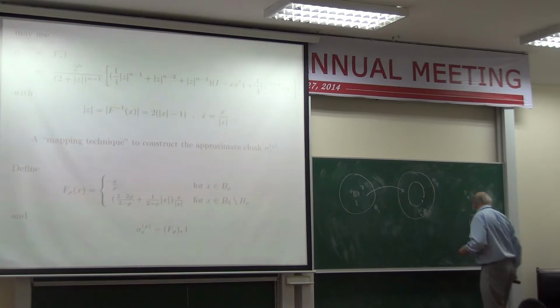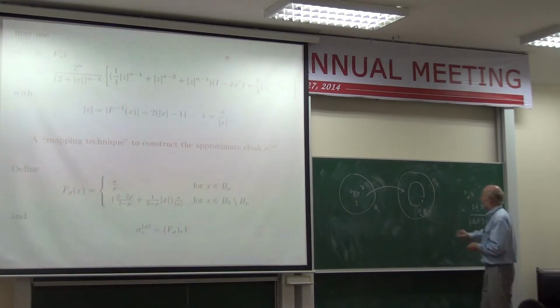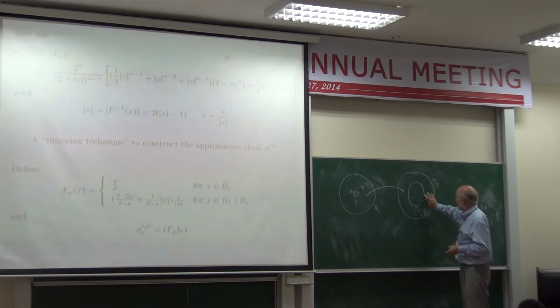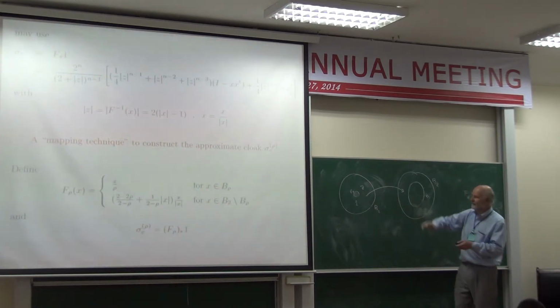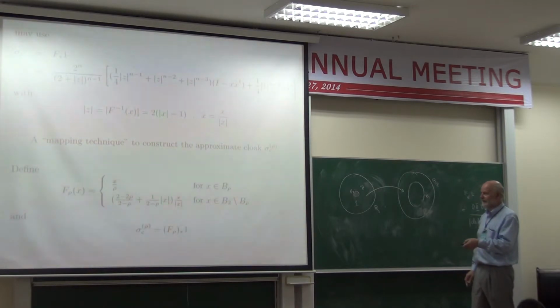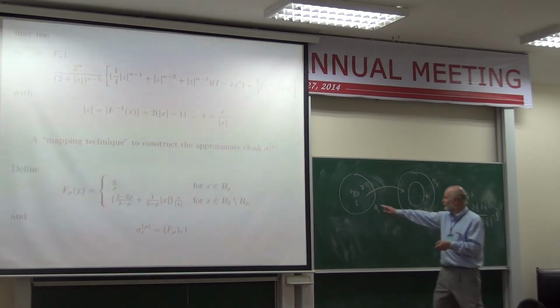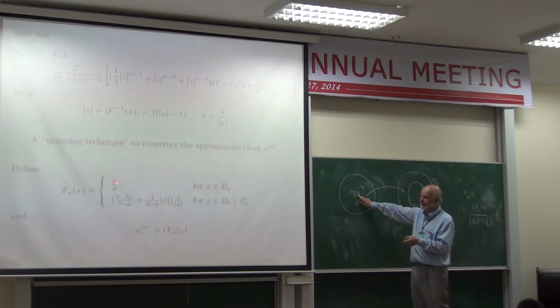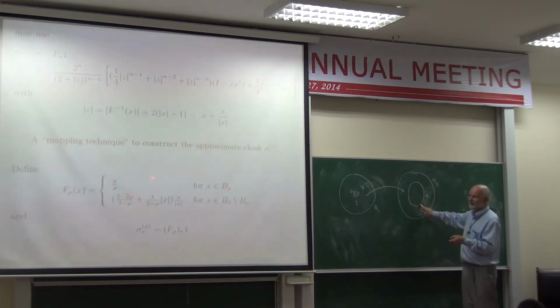So now do the following: the mapping that I showed over there. This is a ball of radius 1. Take this one away. This mapping that I've taken down there maps a ball of radius rho. It just dilates that one so it maps it to the ball of radius 1.